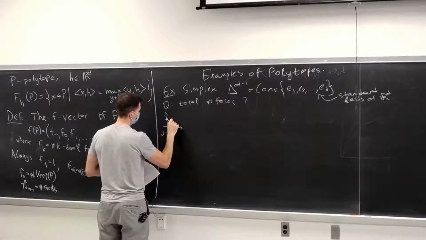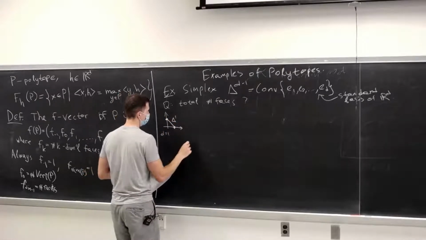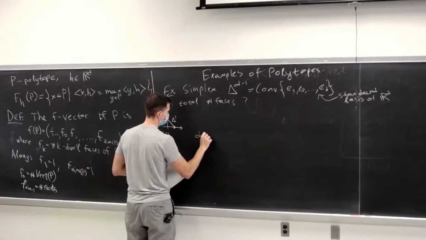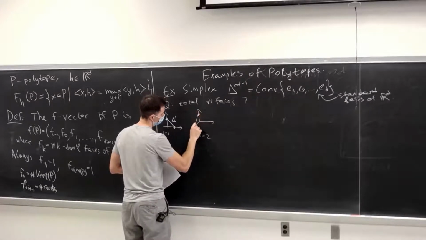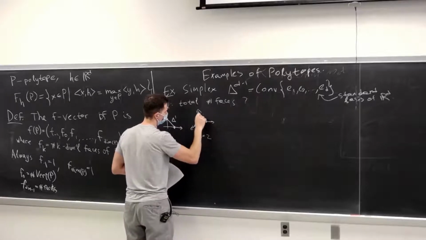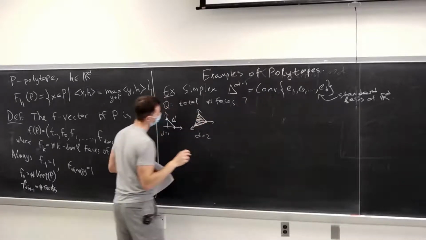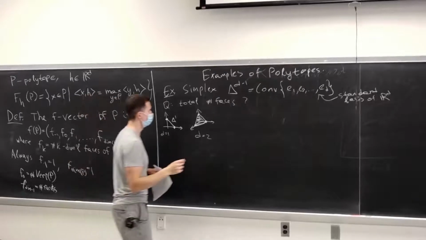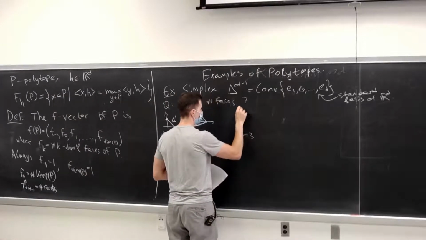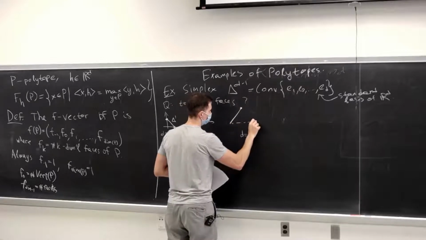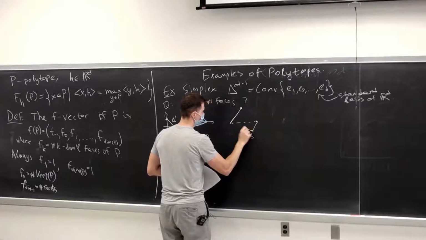My simplex is a line segment, and when d equals 2, my simplex is an equilateral triangle in the 3-dimensional space. When d equals 3, the simplex lives in 4 dimensions, but it looks like a regular tetrahedron.